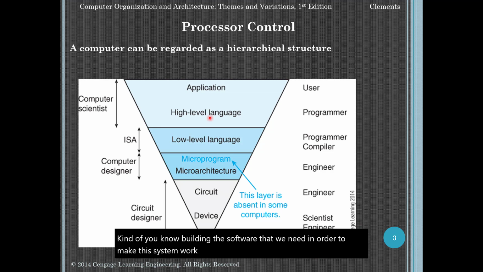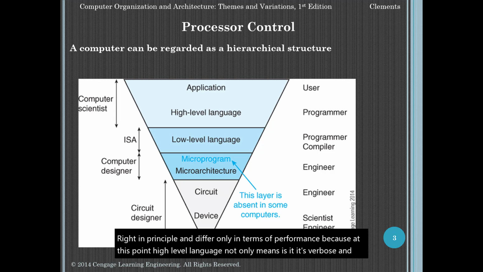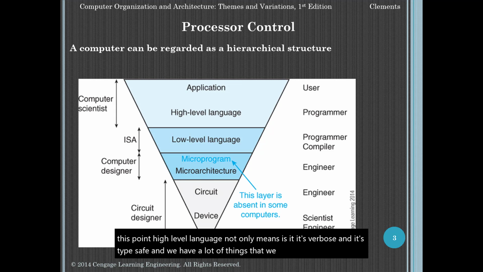Then, at that high-level language area, more specifically, the computer is a machine that's executing that high-level language. And so all computers executing the same language are identical, in principle, and differ only in terms of performance, because at this point, high-level language not only means it's verbose and type safe, and we have a lot of things that we talk about with high-level languages that programmers learn, but we also do not have to think about the architecture of the computer.